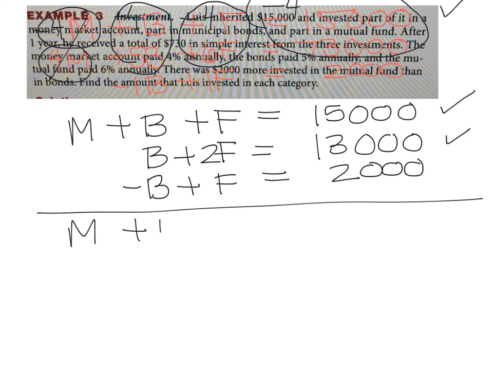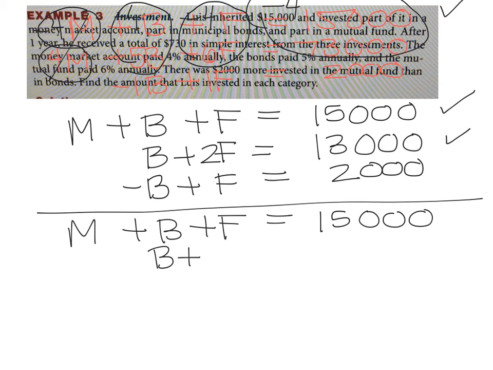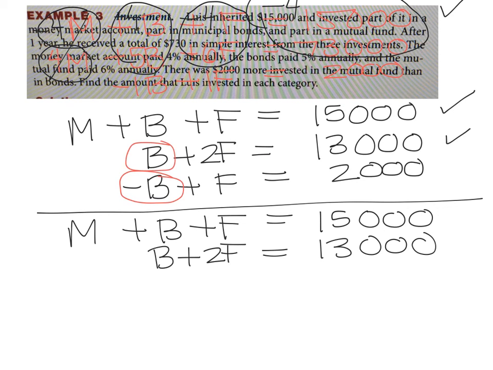M plus B plus F is 15,000. B plus 2F is 13,000. Now my goal is to get the B in row 3 to cancel. And I've noticed that the B in row 2 and the B in row 3 are opposites. So all I have to do is take row 2 plus row 3 and add them together.